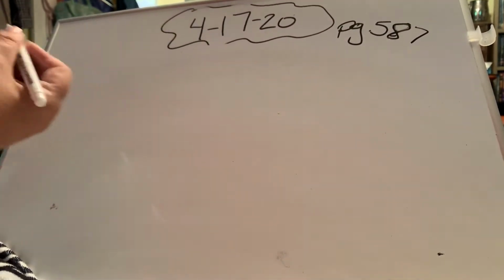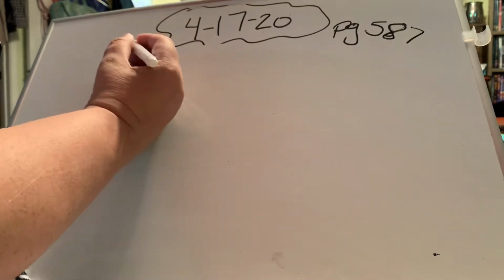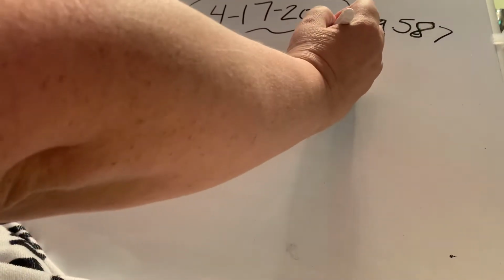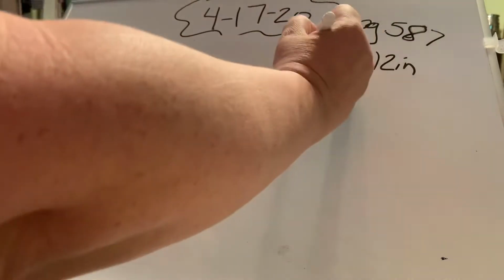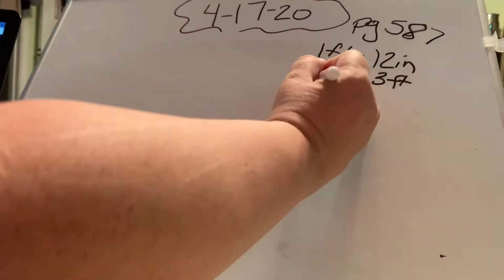So, just right up in the corner, go ahead and put, Macy, can you still see me? 1 foot is 12 inches. 1 yard is 3 feet. 1 mile is 5,280 feet.